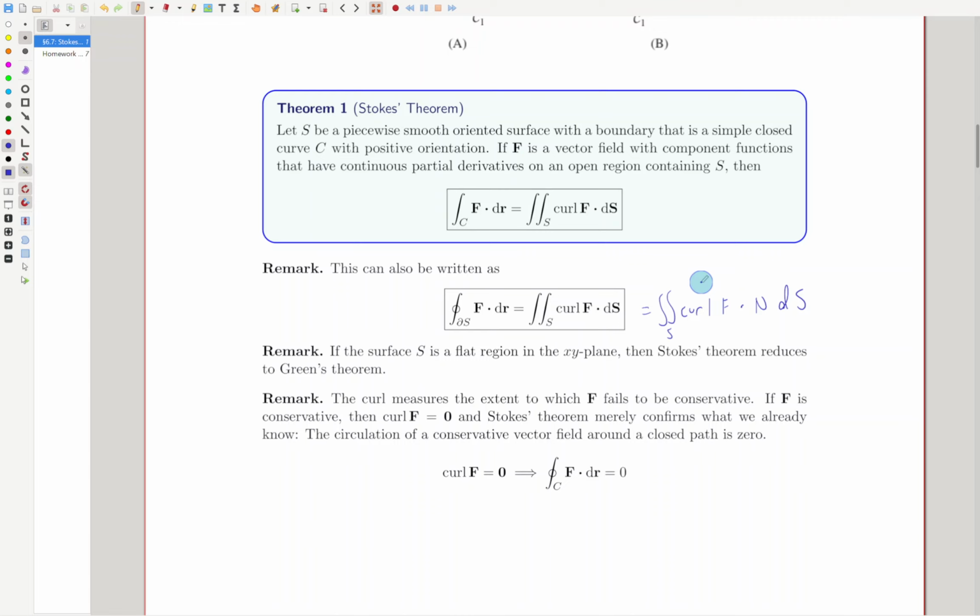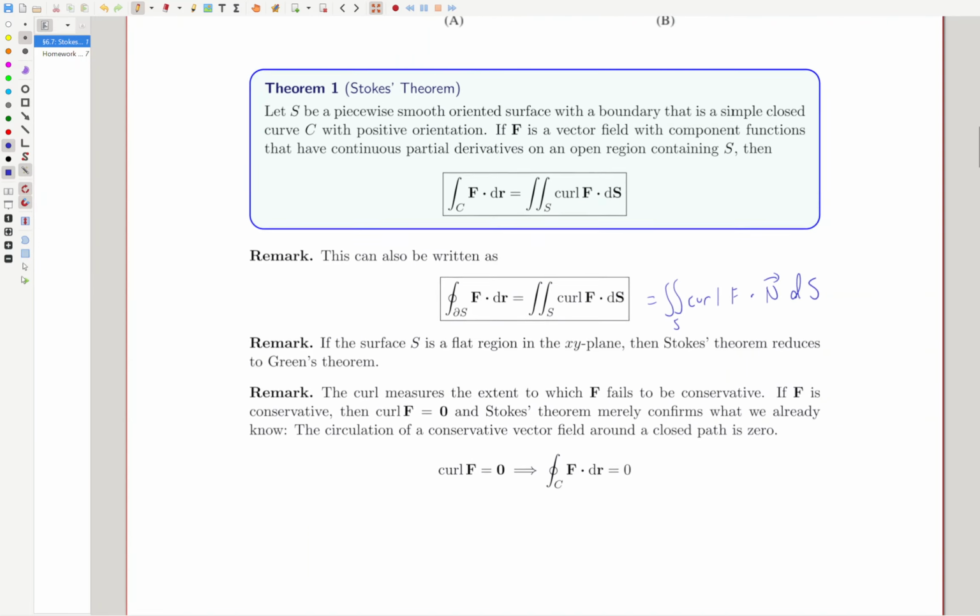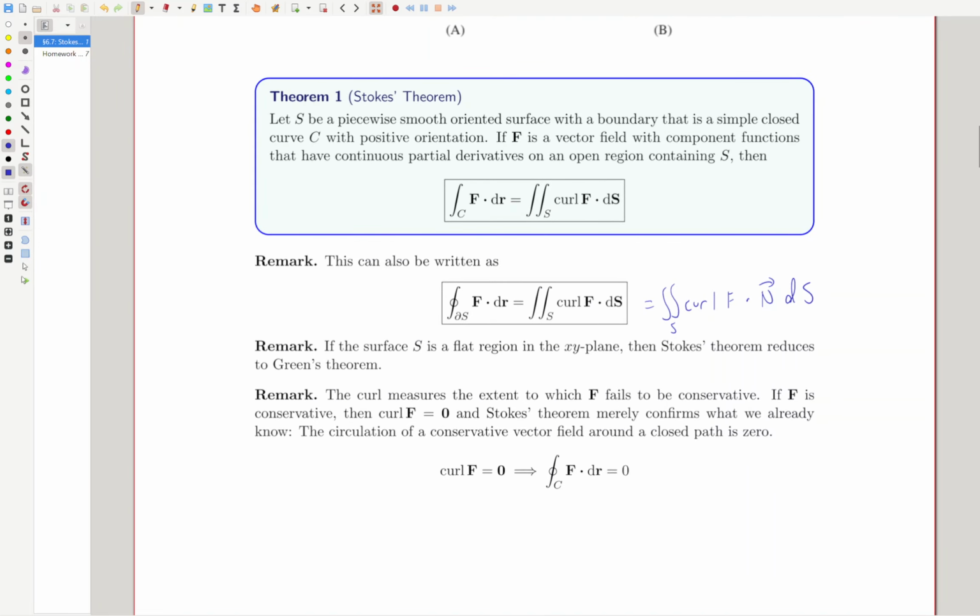Times dS, so vector dot vector. So a surface integral like that. But this surface integral is now over a flat surface, and so then n ends up being equal to (0, 0, 1), which the book writes using standard unit vectors, so it uses k hat.